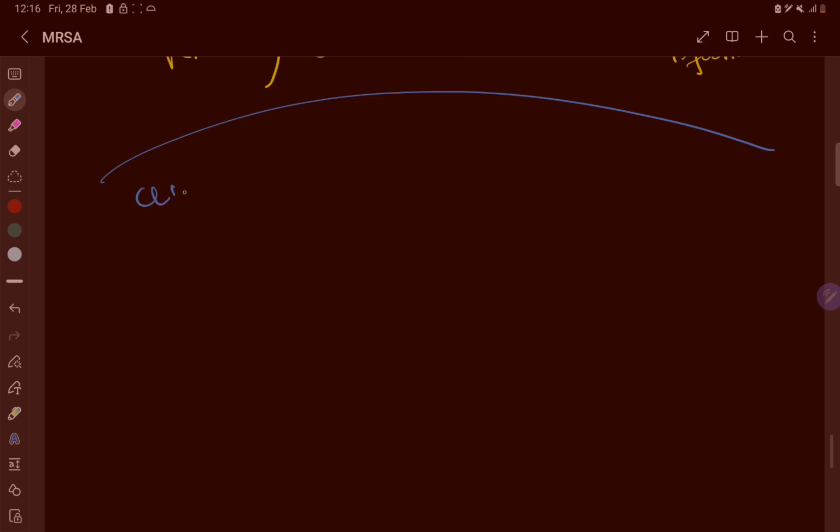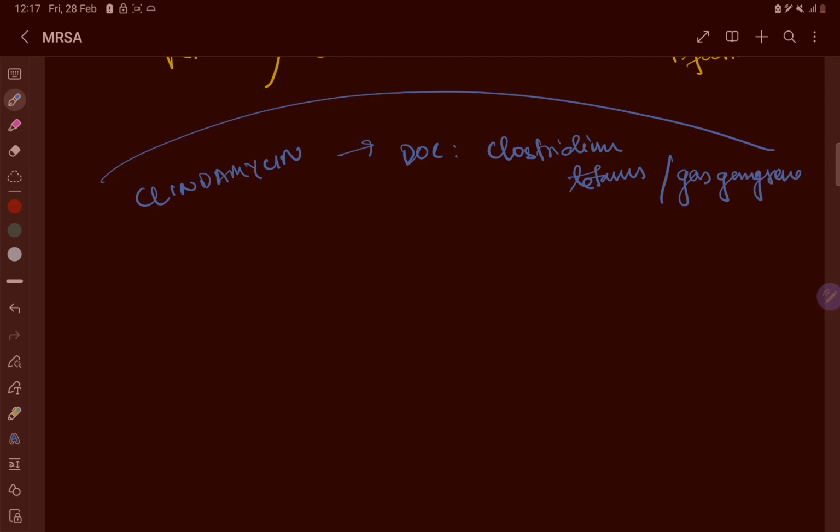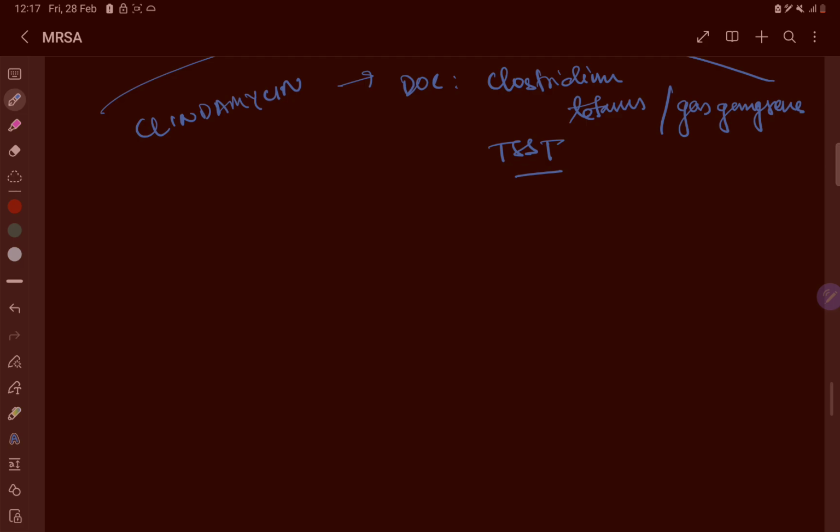Now some other drugs like clindamycin. Clindamycin is the drug of choice for Clostridium tetani. ठीक है. गैस गैंग्रीन. Okay. And the side effect, clindamycin से क्या होता है?